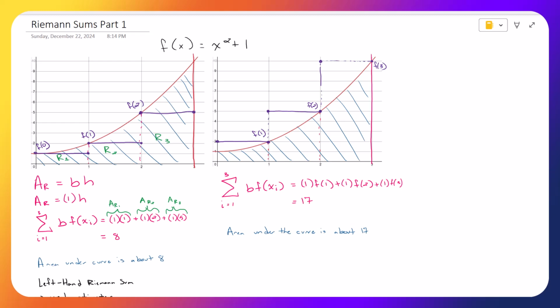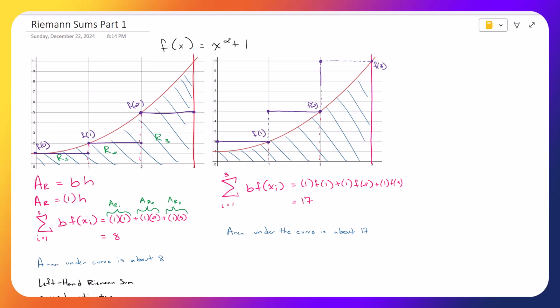Well, what is this called before I even say that? Okay, this is a right-hand Riemann sum.